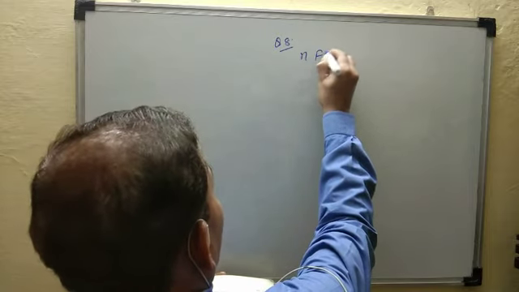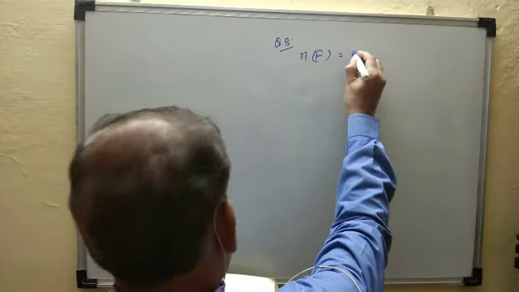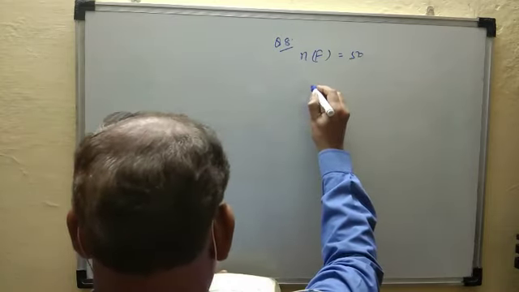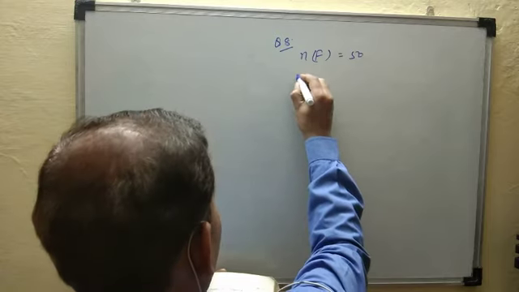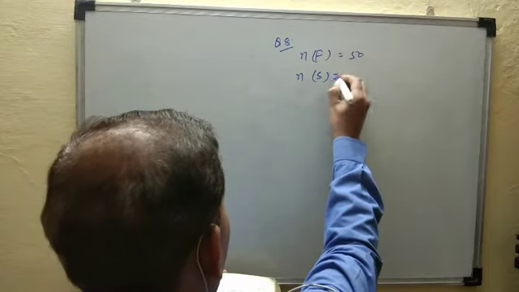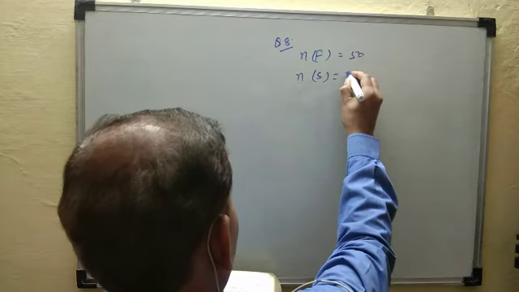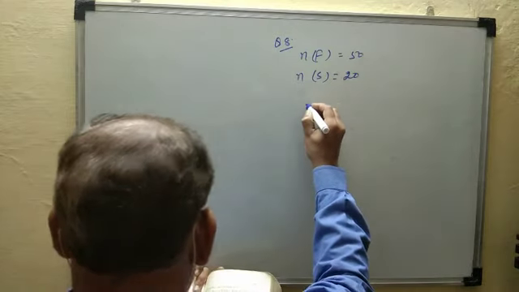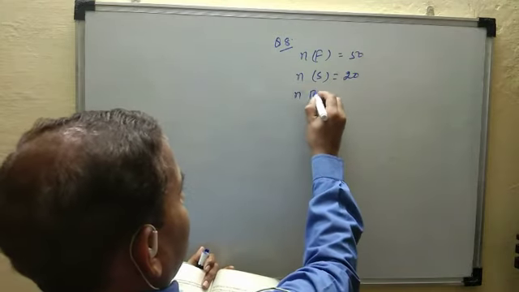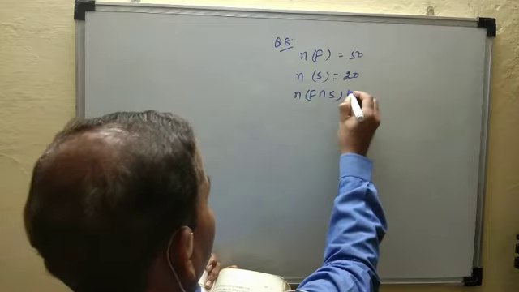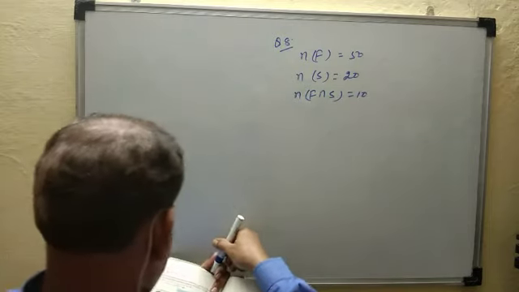Number of F is given as 50 people, and 20 speak Spanish, that is number of S is given as 20 people, and 10 speak both, that is number of F intersection S is equal to 10.